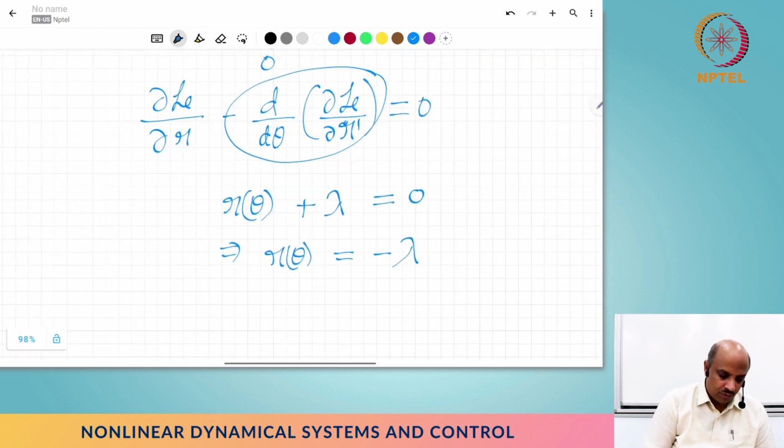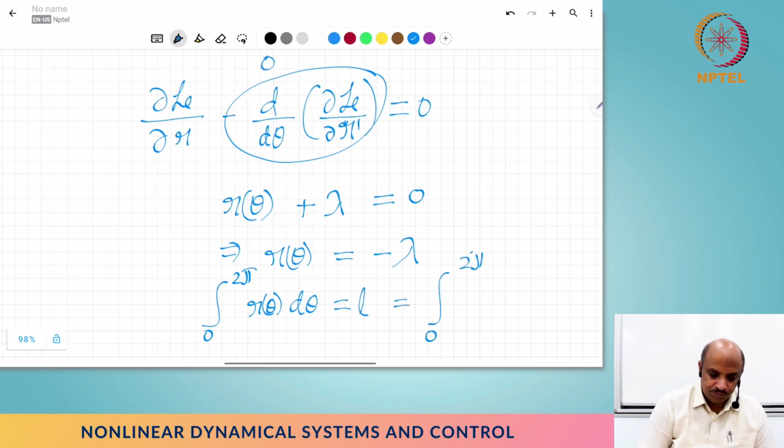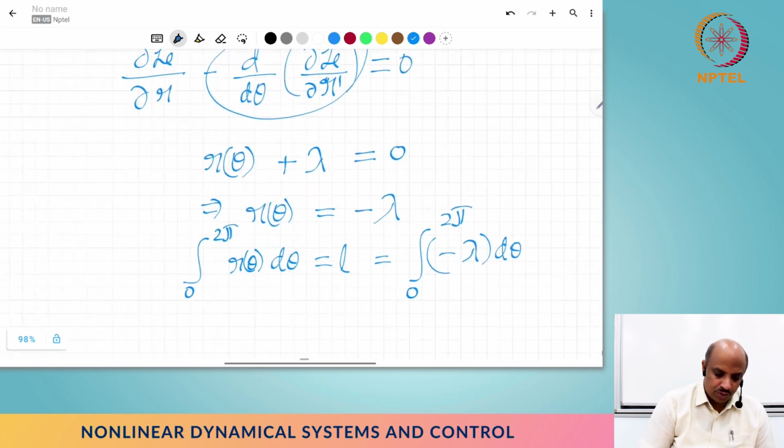But then we have a constraint equation that says the integral from 0 to 2 pi of r of theta d theta is equal to L, which is essentially going to be minus lambda d theta integrated. So therefore lambda is going to be equal to minus L by 2 pi.